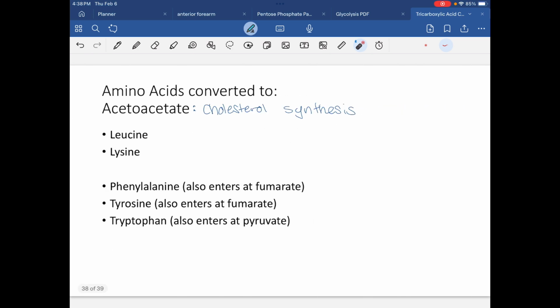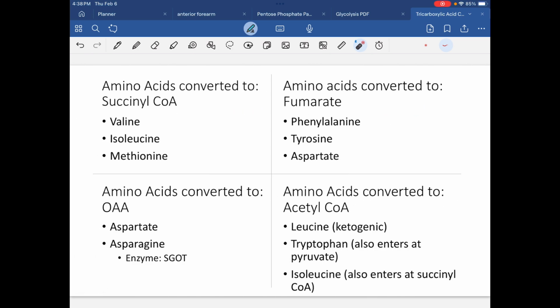And not last but not least, we have acetyl-CoA: we have leucine, tryptophan, isoleucine. We will talk more in the future, I'm sure, about what it means to be ketogenic. I wouldn't worry about what this word means right now, but do know that leucine can be converted into acetyl-CoA. And he also has these notes here.